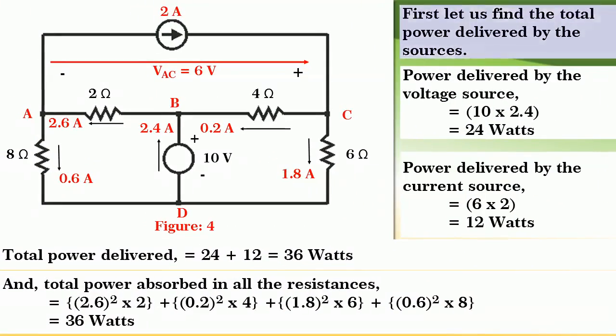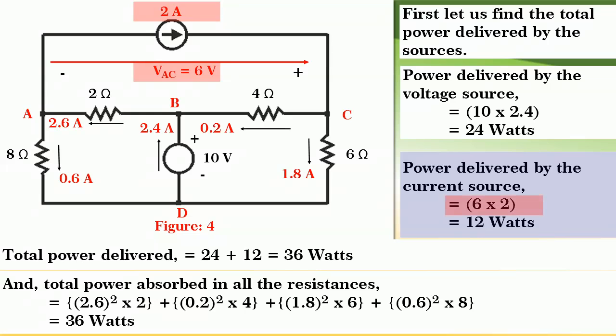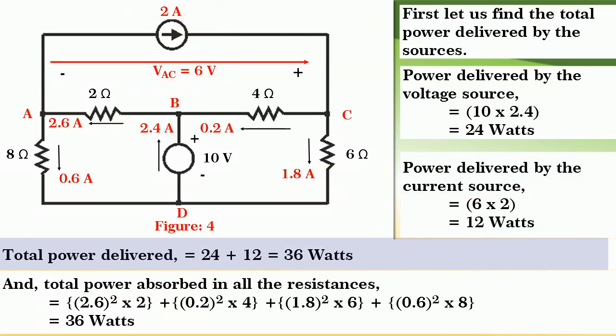Friends, first let us find the total power delivered by the sources. Now, power delivered by the voltage source is equal to 10 into 2.4, which comes to 24 watts. Power delivered by the current source is equal to 6 into 2, which comes to 12 watts. And hence, total power delivered is equal to 36 watts.